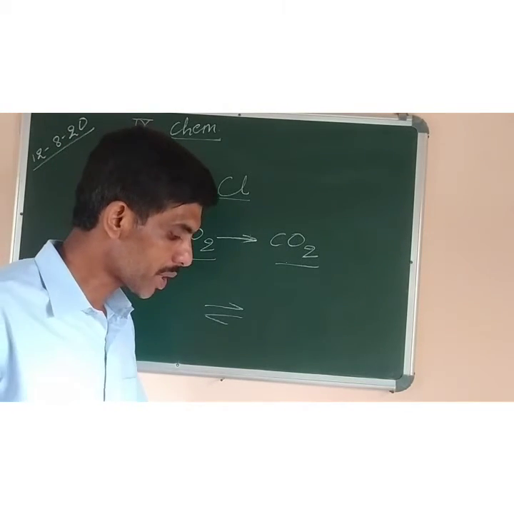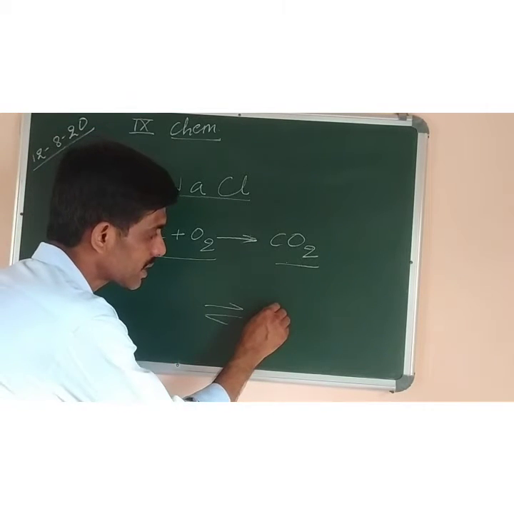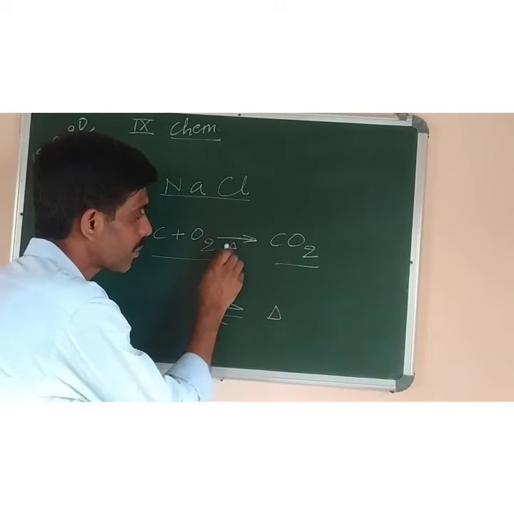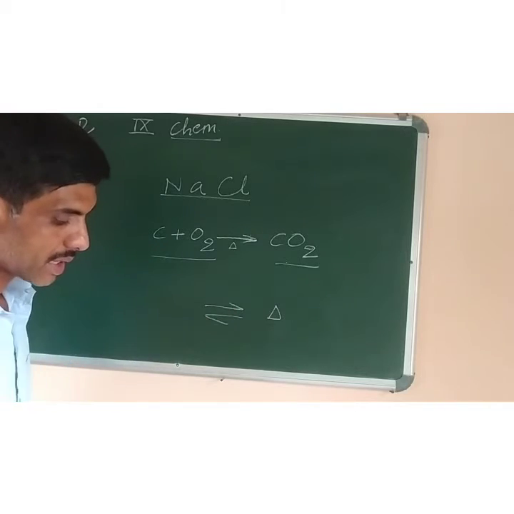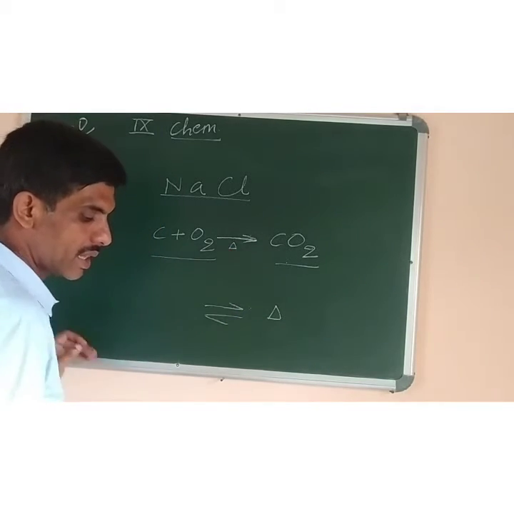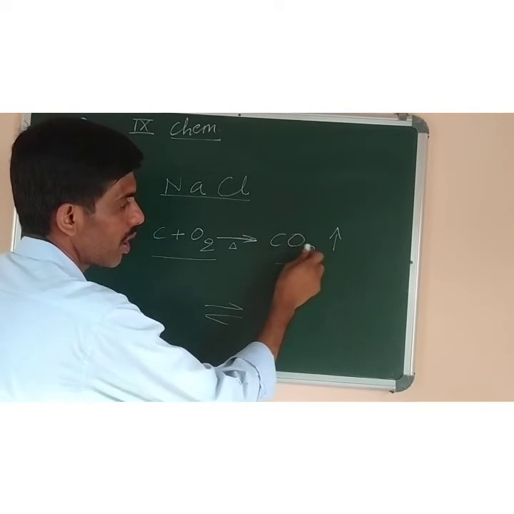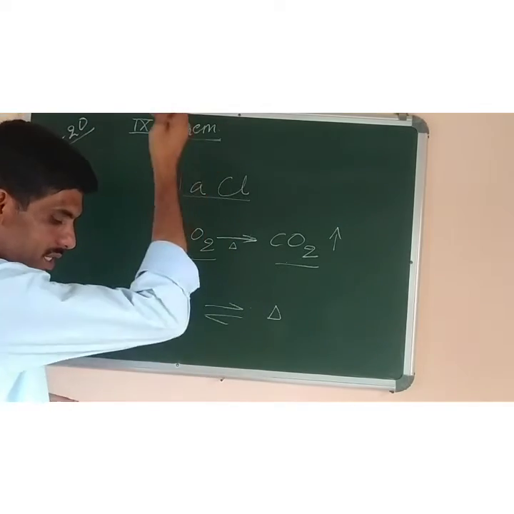Okay. Then number 2, a sign above the arrow, I already said, indicates that heat is absorbed in the reaction. But if some sign is there like this arrow after the product, it means the gas is evolved.